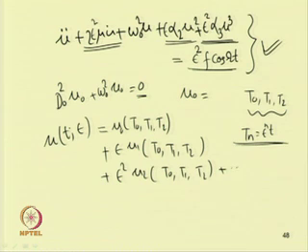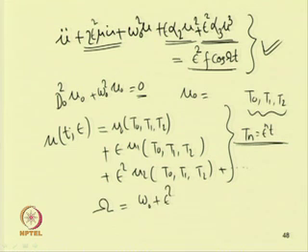So, one can add the higher order terms also. By taking u in this form, as we are considering the primary resonance condition, we can take the external forcing frequency equal to omega 0 plus epsilon square sigma, where sigma is the detuning parameter.